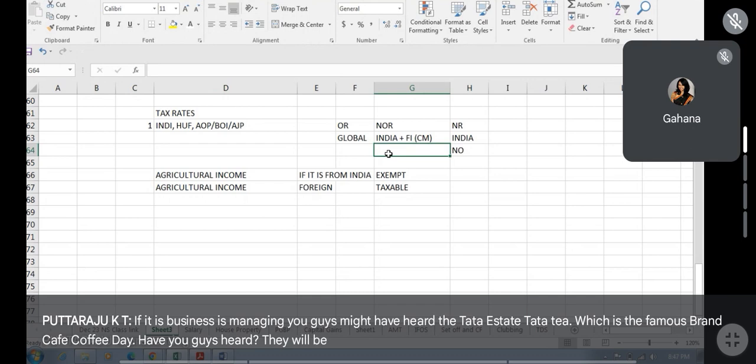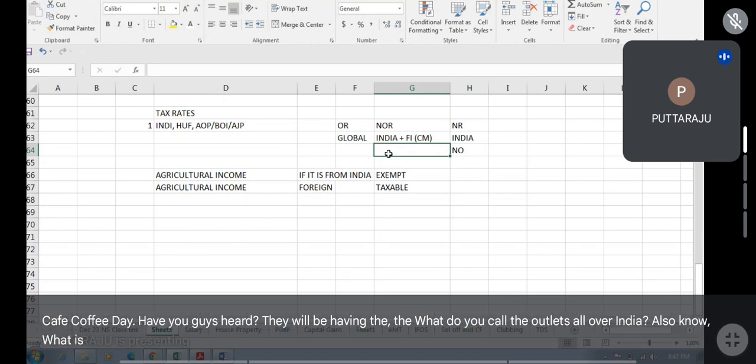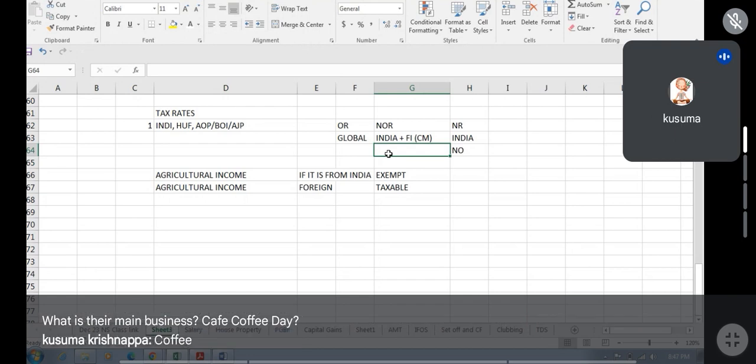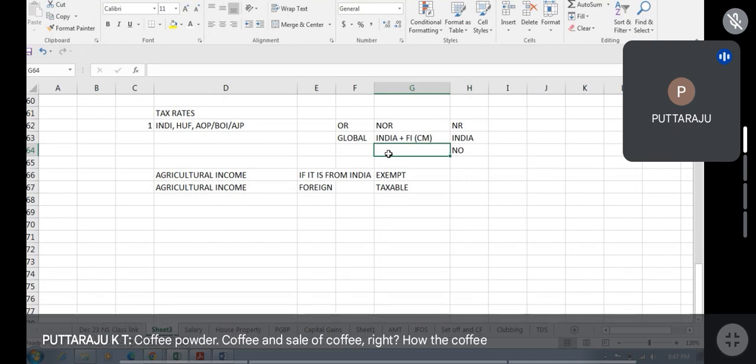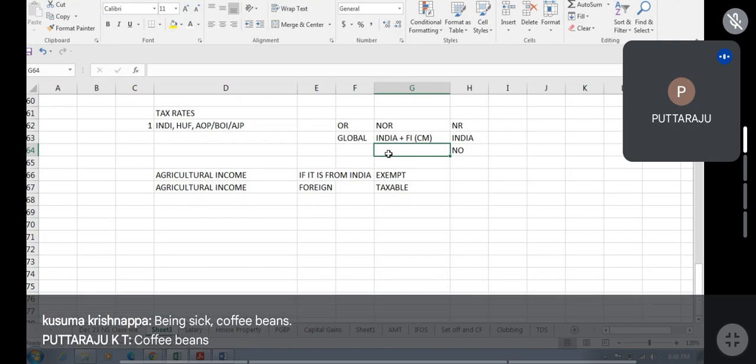They have outlets all over India, no? What is their main business? Coffee beans, coffee powder, sale of coffees, right? How will the coffee be made? Beans, coffee beans, which means coffee seeds.